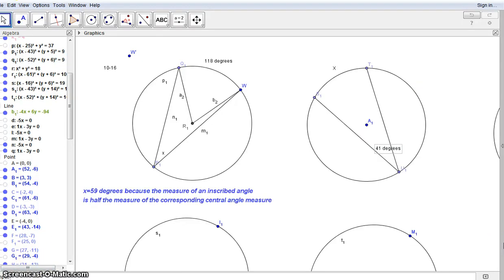In B, we're told that the measure of the inscribed angle is 41, and we're asked the measure of X. Well, X is the measure of the arc, which corresponds to the measure of the central angle, which is double the measure of the inscribed angle.